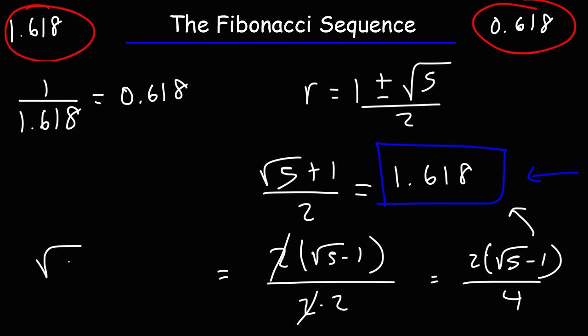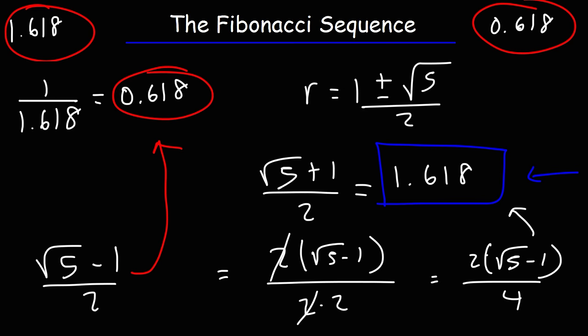And so this gives us the other number, the square root of 5 minus 1 over 2, which is 0.618. So those are some different ways in which you can get these two golden ratios, 1.618 and 0.618.